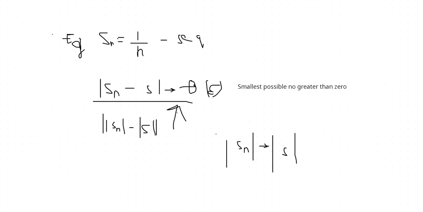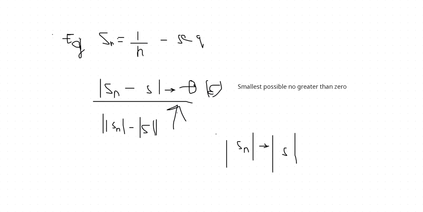But had we to prove that the modulus of Sn converges, does the series converge? My bad. Let the modulus of Sn tend to L. If we choose an example, suppose Sn is equal to minus 1 to the power n.